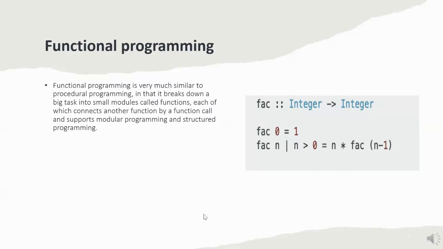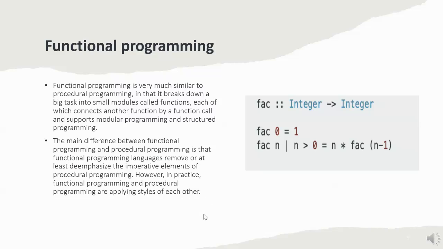Functional programming is very much similar to procedural programming in that it breaks down a big task into small modules called functions, each of which connects another function by a function call and supports modular programming and structured programming.